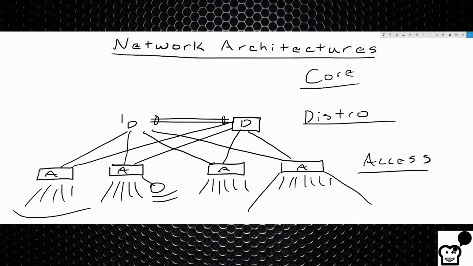Okay, so I kind of messed up there. I had the eraser selected, but what was I saying? Even though it's said that the distribution layer runs NAT and ACLs and all that, typically in the real world I've seen a separate device or a separate stack of devices running your actual NAT and ACLs to the WAN.